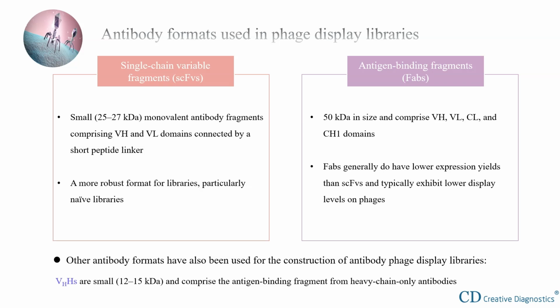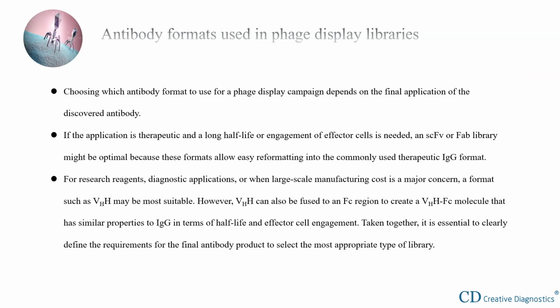The choice of antibody format for phage display selection depends on the intended application of the discovered antibody. If the application is therapeutic and requires a long half-life or engagement of effector cells, scFv or Fab libraries may be most suitable, as they can be easily reformatted into the commonly used therapeutic IgG format.